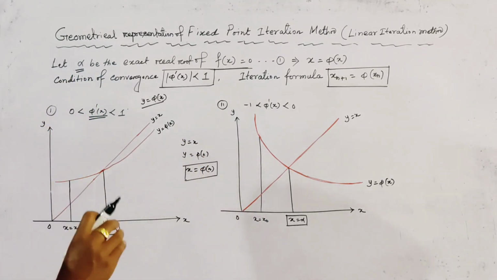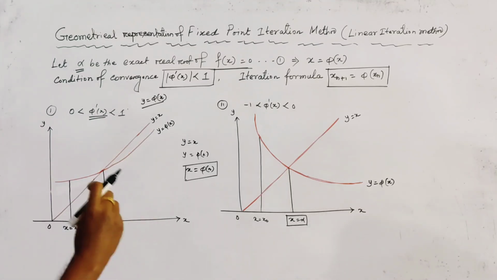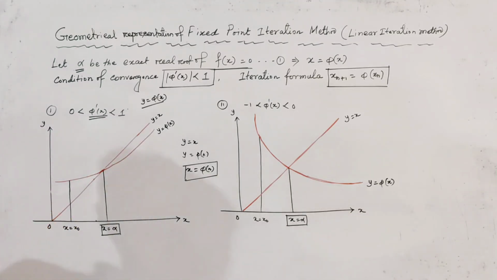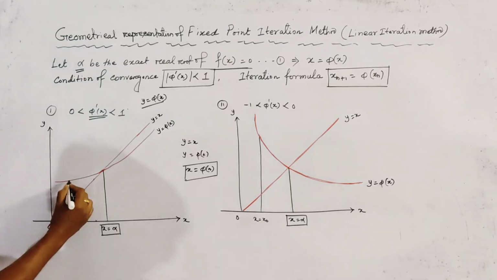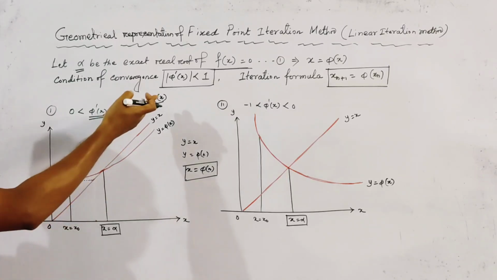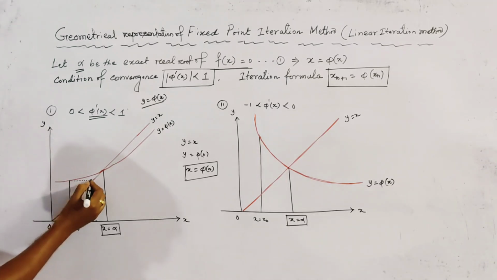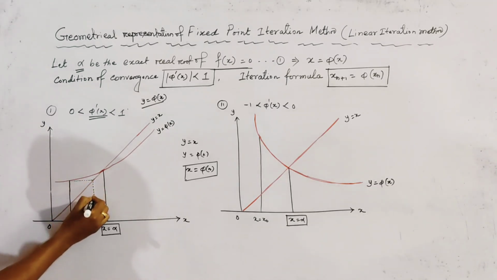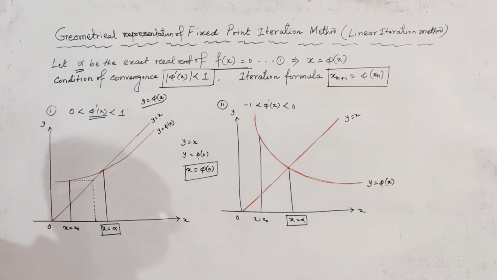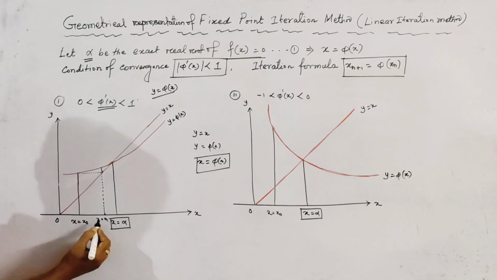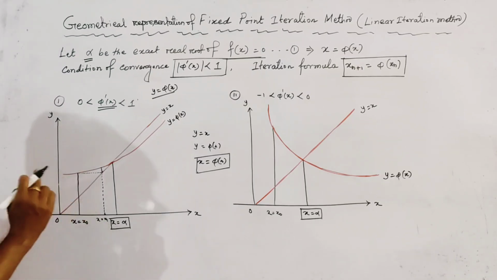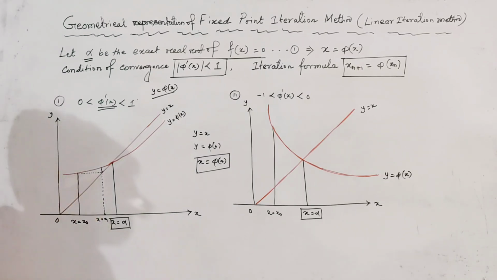Now the method we represent here geometrically as follows. We first draw a perpendicular line from the curve to the line y = x, and then we draw a perpendicular line on the x-axis. This gives x = x1, the first approximation. How do we find the first approximation?